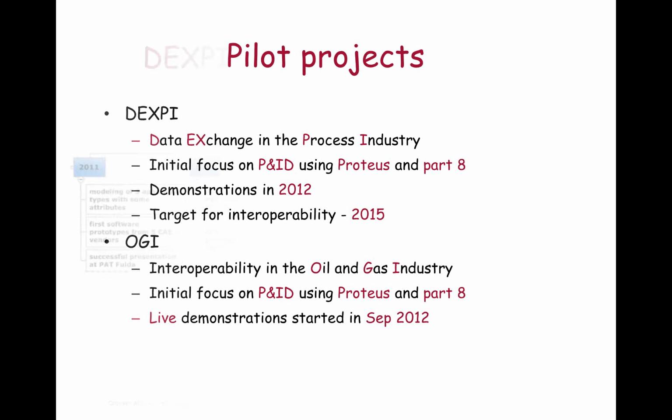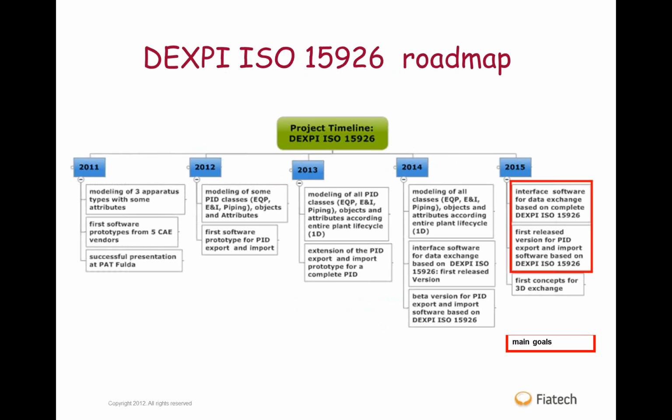So the roadmap for DXP looks like this. It started in 2011, and their aim is to have interface software available from vendors so that they can have interoperability for P&ID by 2015, and then they will move on to 3D exchange.